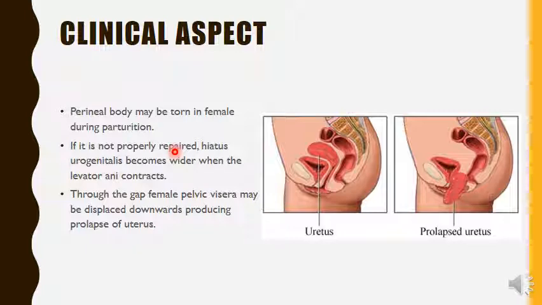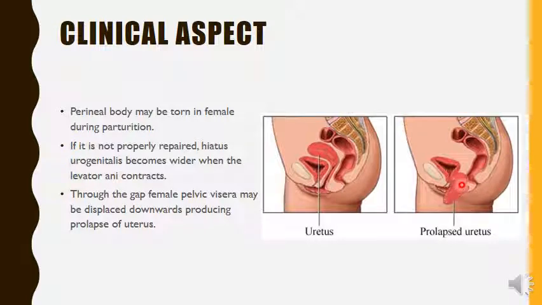If that happens, the torn muscle fibers are repaired back. If that repair is not done properly, the urogenital hiatus becomes wider. So this opening becomes wider when the levator ani contracts, right? Through that wider urogenital hiatus, the female pelvic viscera, especially the uterus, may displace downwards, like in this image, producing prolapse of the uterus.